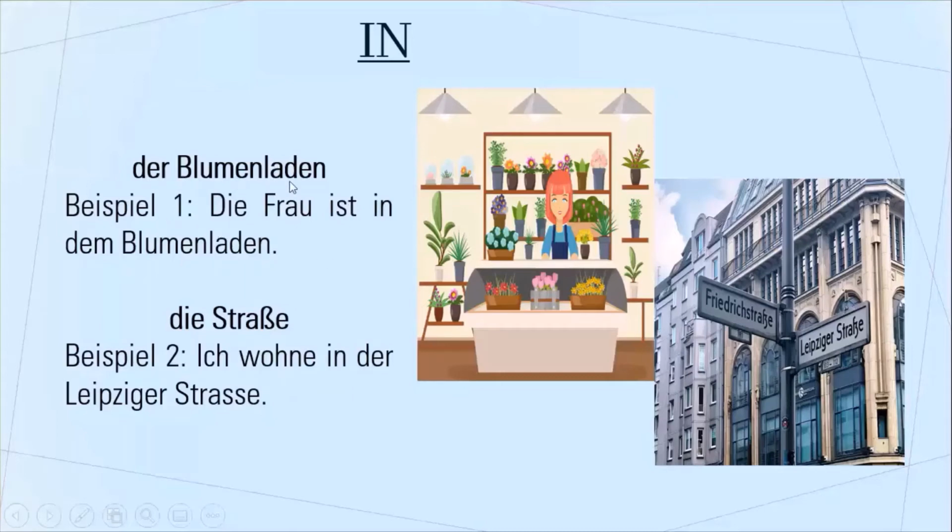Der Blumenladen, the article der changes to dem because the woman is present or is inside this flower shop. So she is not moving, she is positioned or she is located inside this place.